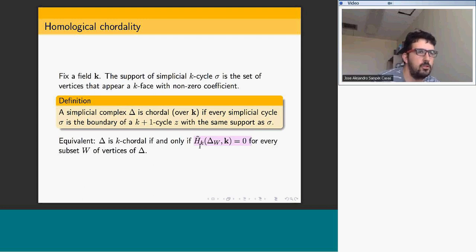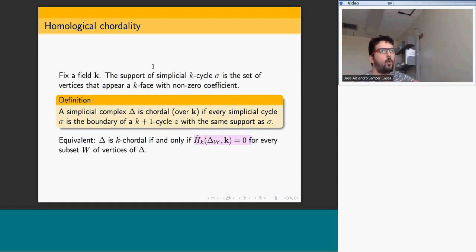So put first homology equal to 0. The square is not, because it has first homology. So the clique complex of the square here is not one chordal. It has a 4 cycle with no chord.